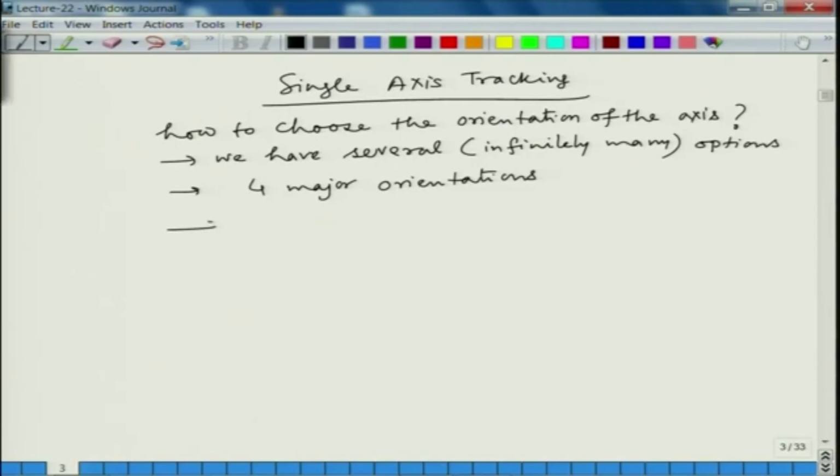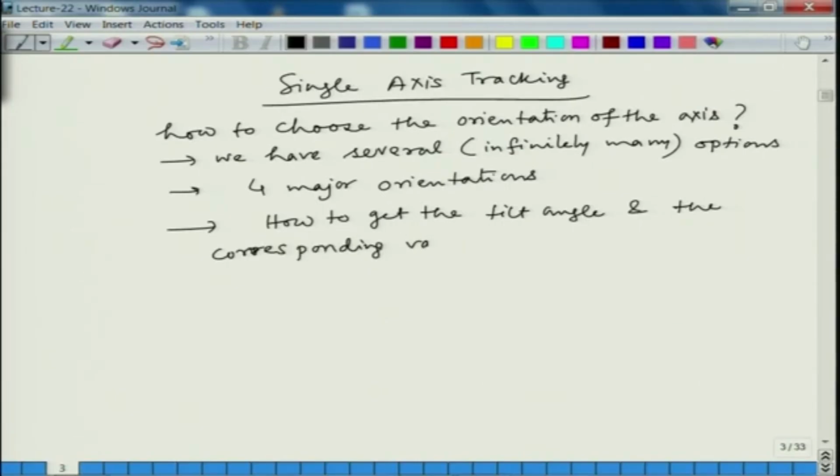So, our question will be how to get the tilt angle and the corresponding variations of the incidence angle.